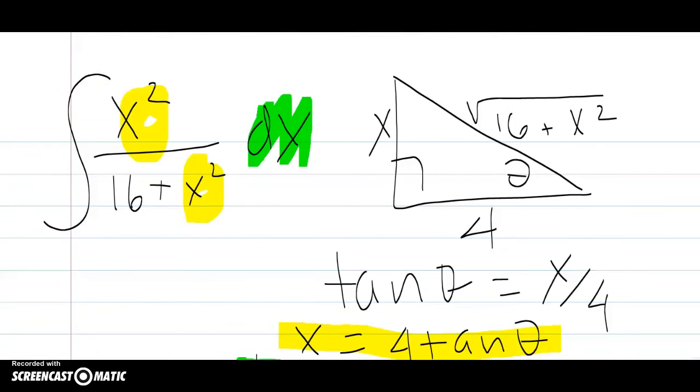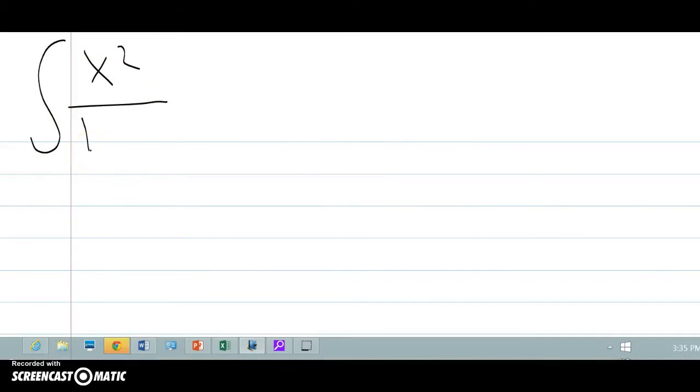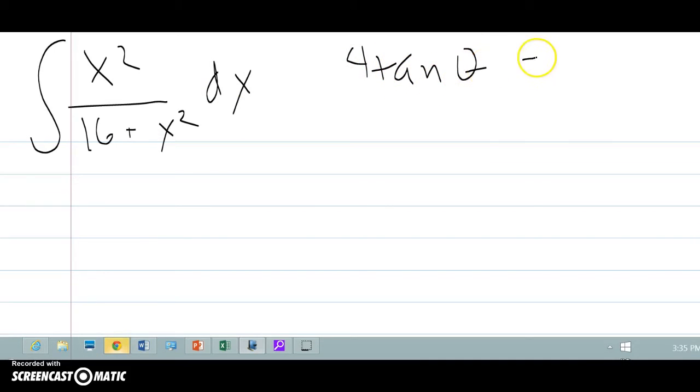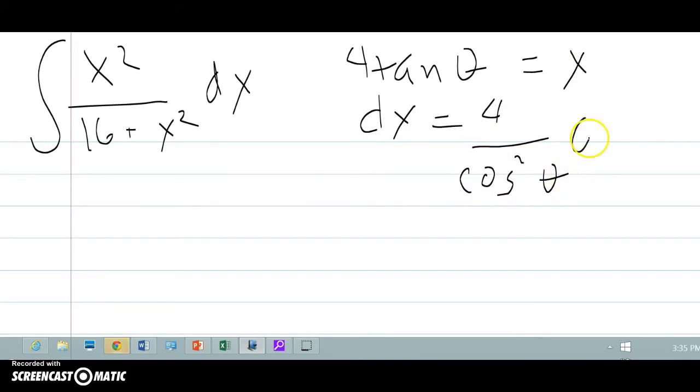Let's skip to a new page here, right? So we had originally, I want the integral of x squared over 16 plus x squared dx. We said that 4 tangent theta is x, so that dx is 4 over the cosine squared of theta d theta.